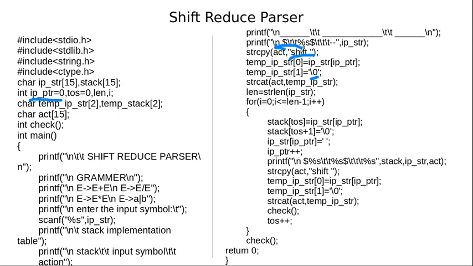That is the thing I am going to shift. So what is my previous ACT part? Shift. Now I am going to append my shifting symbols, which I am storing in temp_IPSTR. So this part I concatenate with my previous action part, ACT.